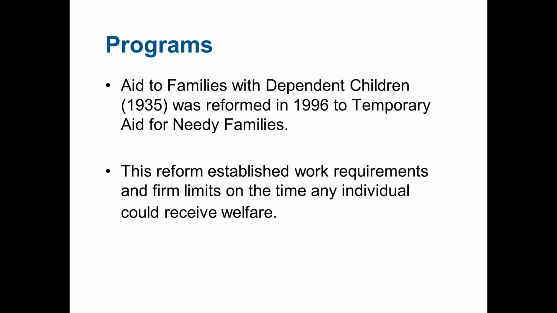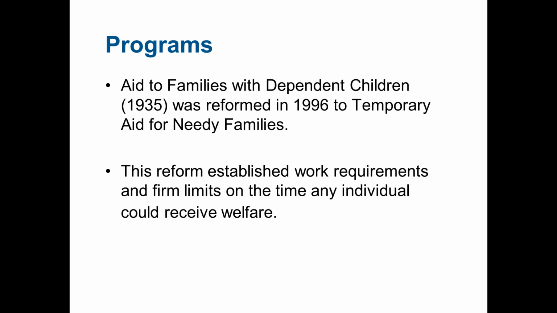So, starting in 1935, again, this is a period where we're in the middle of the Great Depression. The government's taking on more and more roles in the economy. One of them is poverty relief. Originally, the program that's most associated with the term welfare is Aid to Families with Dependent Children. So this is a program that had a really long life cycle, dating from 1935 all the way up to 1996.